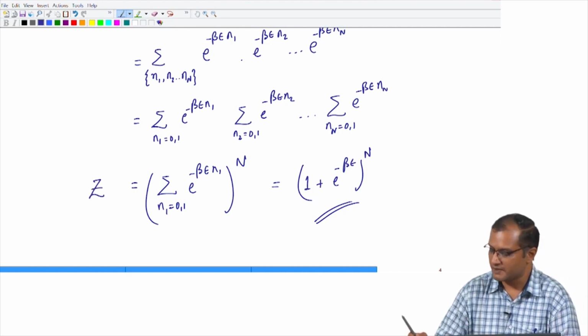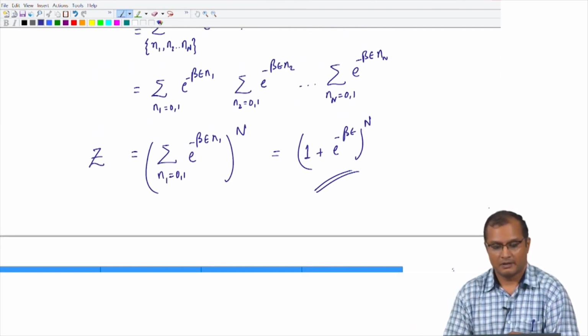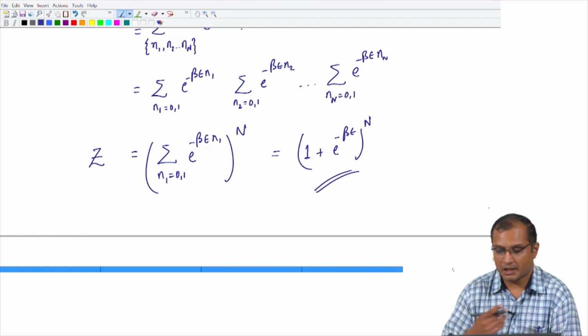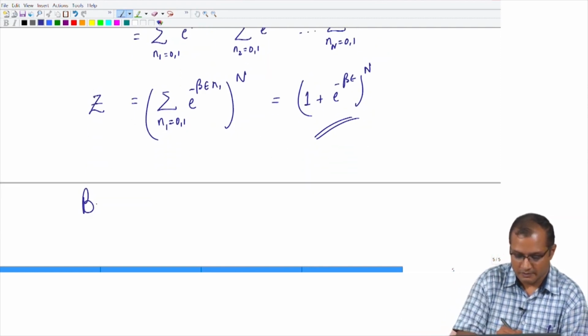Now, the partition function is ready. You can connect thermodynamics with statistical mechanics.